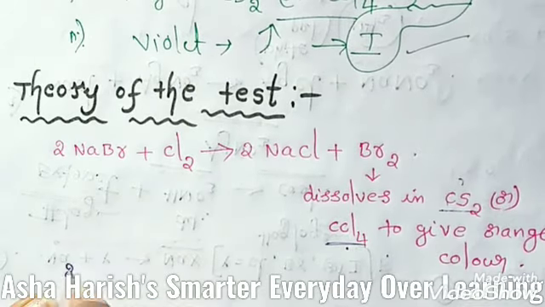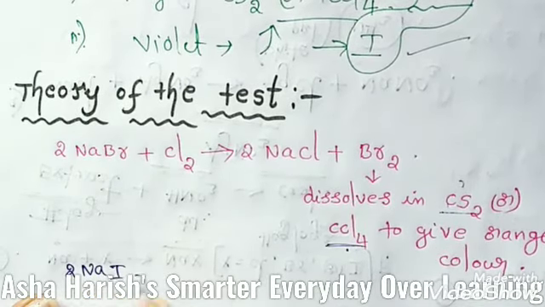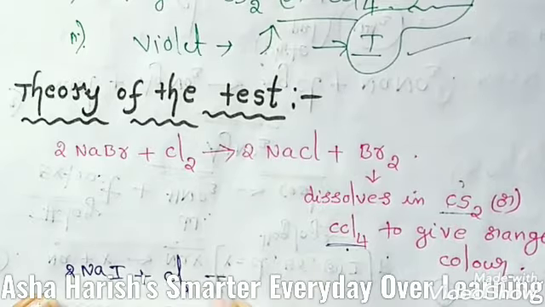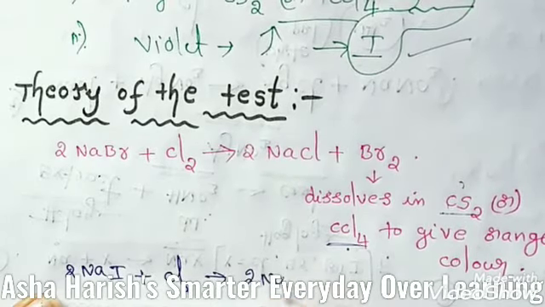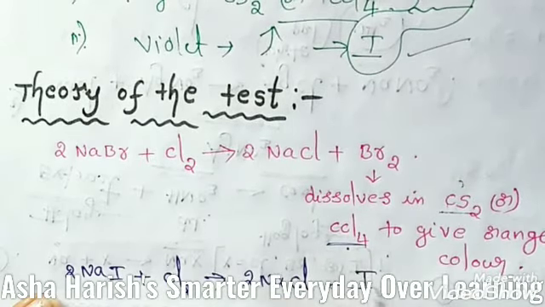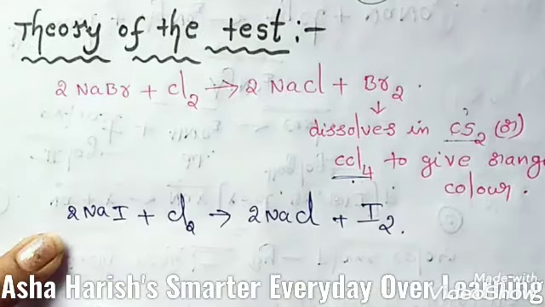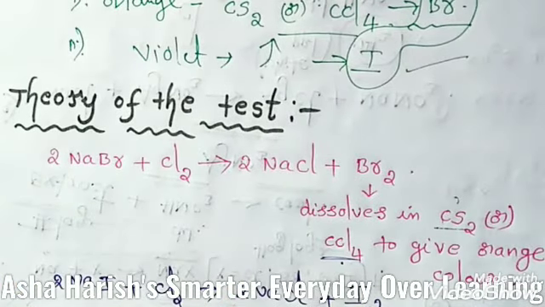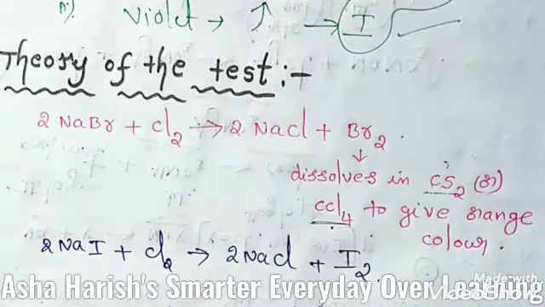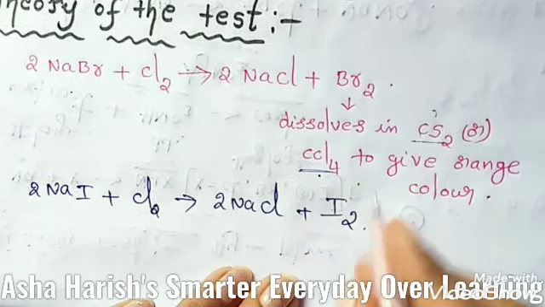Next, in the presence of iodine, 2NaI plus Cl2 gives 2NaCl plus I2, and the I2 dissolves in CS2 or CCl4 to give violet color.